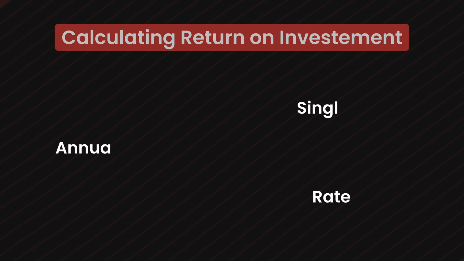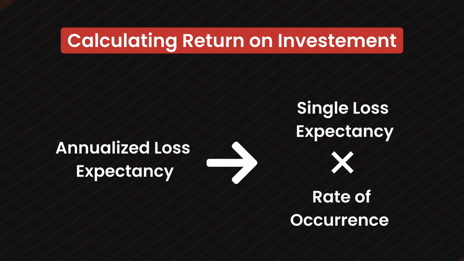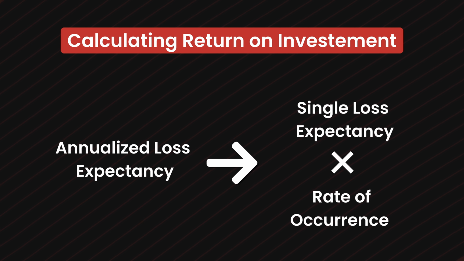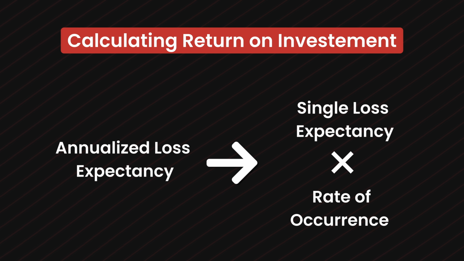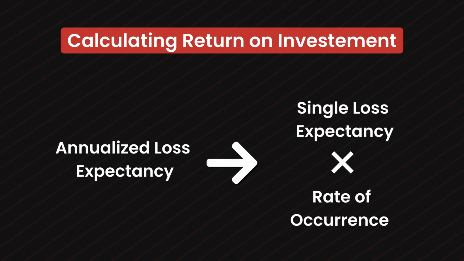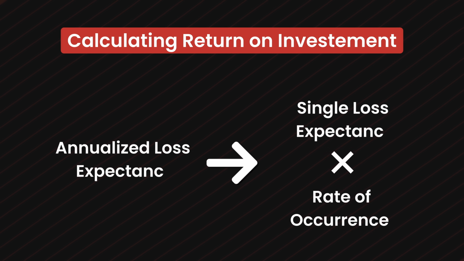The core model here is annualized loss expectancy, which is equal to the single loss expectancy, the expected financial cost of one breach event, multiplied by the annualized rate of occurrences, the probability of that breach happening in any given year. A mature CTI program reduces both of those variables.